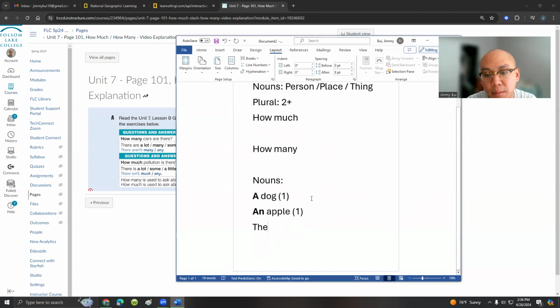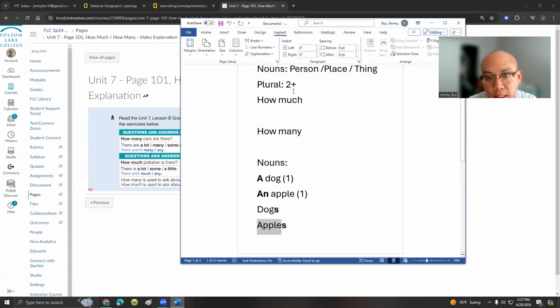Okay, the can be used for singular or plural, but with traditional count nouns, if I want to say two or more, or plural, we add an S. Dogs, apples. That S shows that it is now plural, two or more, or several, right?